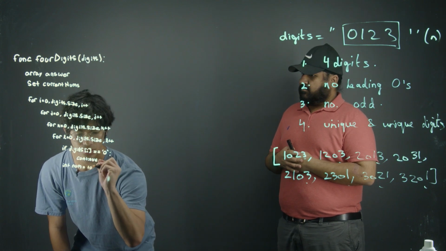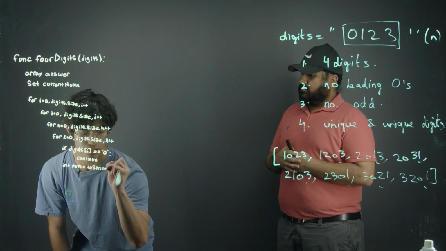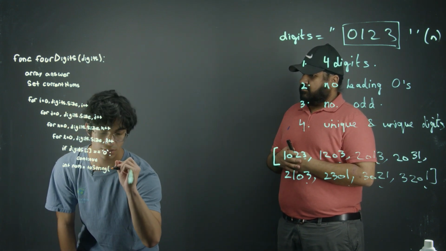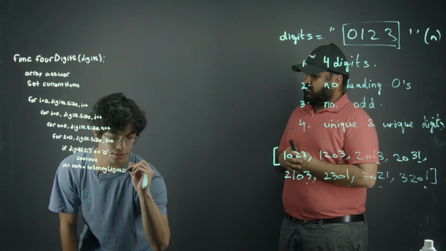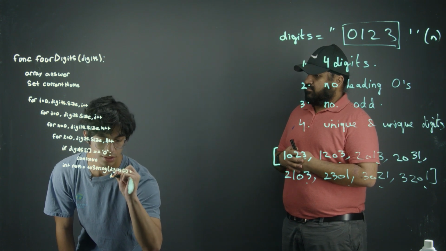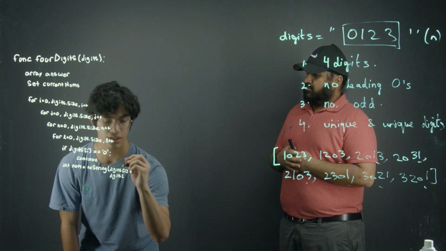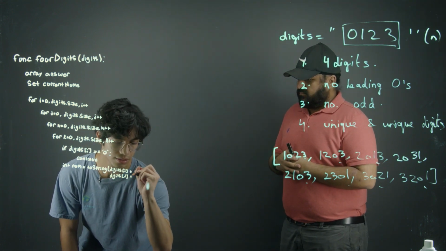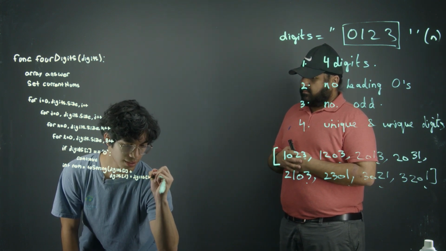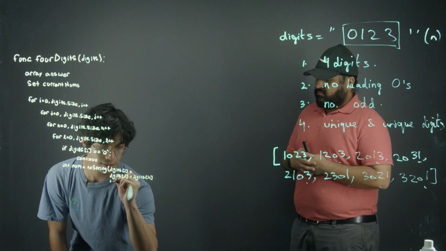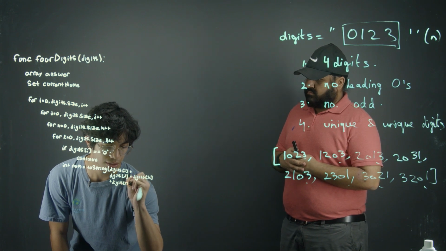So toString(digits[i] + digits[j] + digits[k] + digits[l]).